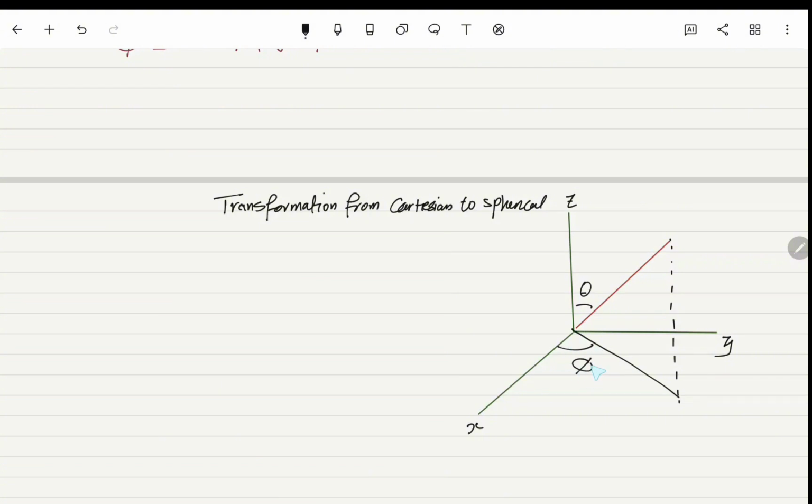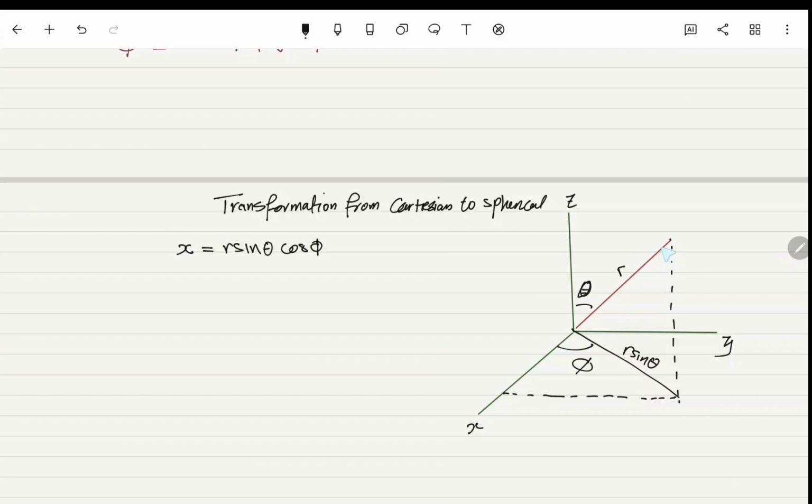Now, the x component, if this is r, it has intercept in the xy plane, making an angle theta, and this will be the new vector, this one r sine theta, and this new vector r sine theta has intercept on the x-axis, which is r sine theta cosine phi. So x in this case equals r sine theta cosine phi.